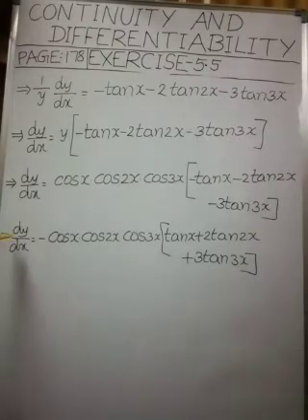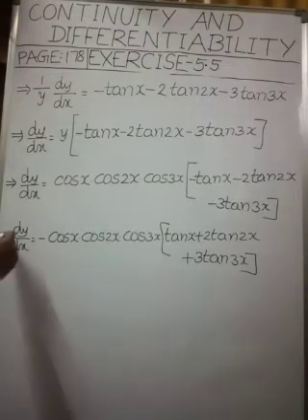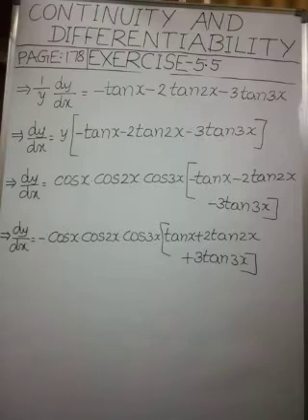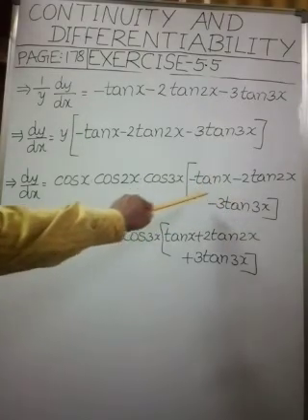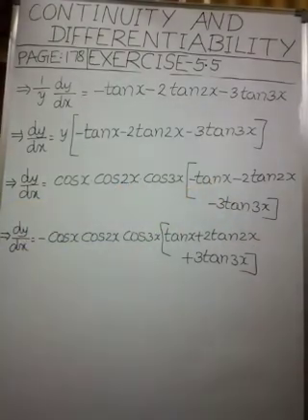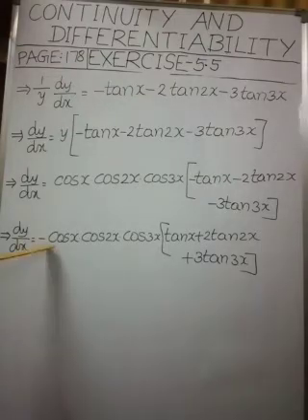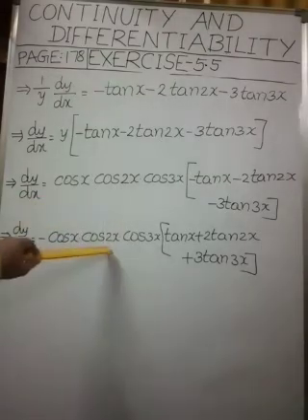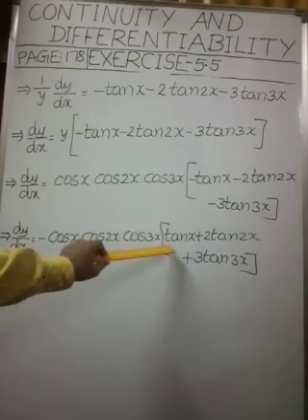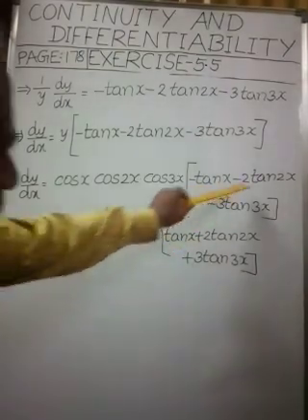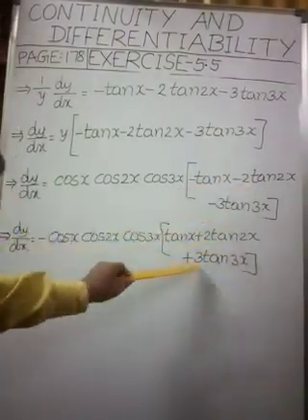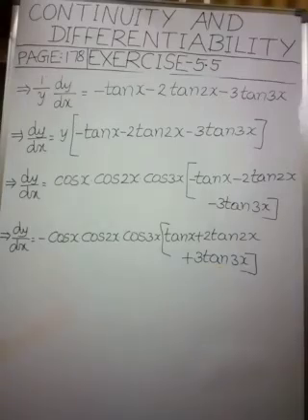This implies dy by dx is equal to minus, I have taken out the minus common factor from the three terms. I have taken out minus 1. So minus cos x into cos 2x into cos 3x of tan x plus 2 tan 2x plus 3 tan 3x. This is the value of dy by dx. Understood, my dear children? Right.